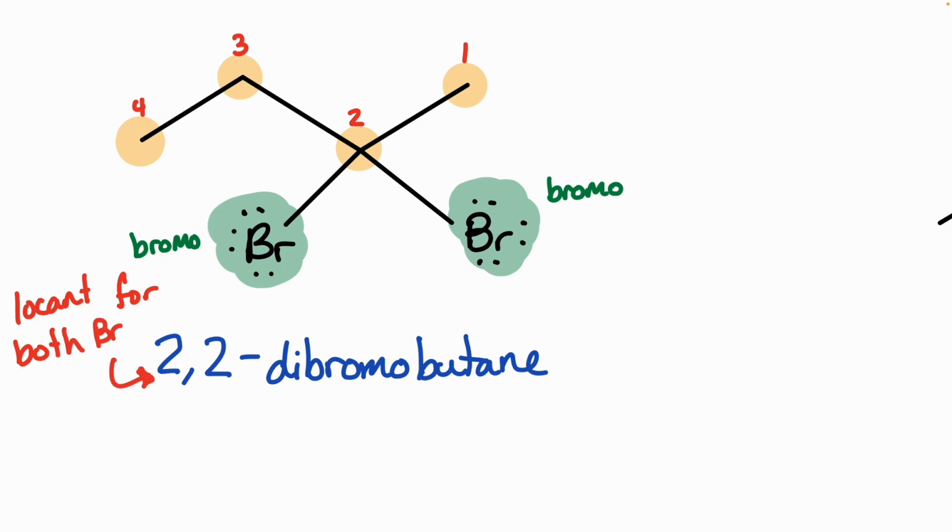All right, and then notice how we space out numbers in our name. We put commas between to separate our numbers, and we use those dashes to separate letters and numbers, right? So 2,2-dibromobutane.